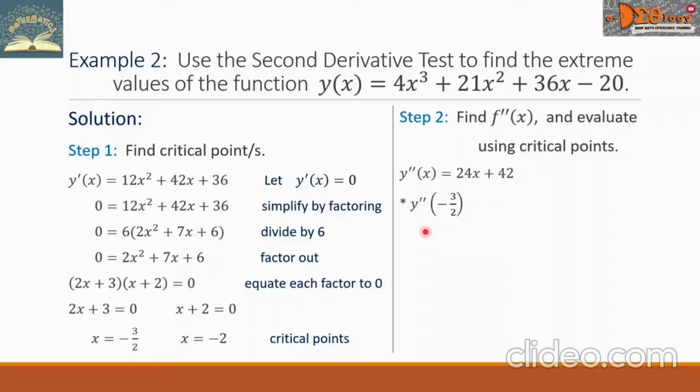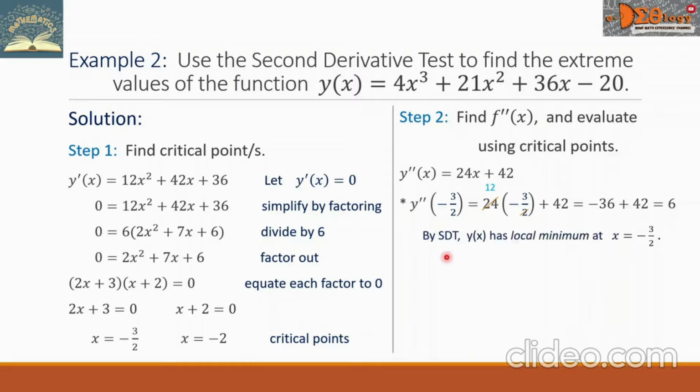Now, let us evaluate the second derivative using the first critical point, negative 3 over 2. So we substitute this value to the x. So it becomes 24 times negative 3 over 2, then plus 42. We can cancel the 24 and 2, and this 24 becomes 12, multiplied by negative 3. So we have negative 36 plus 42. So the answer is 6, and this is positive.